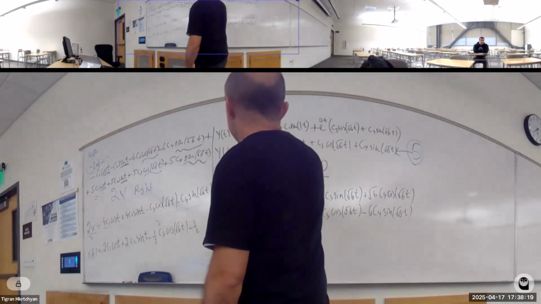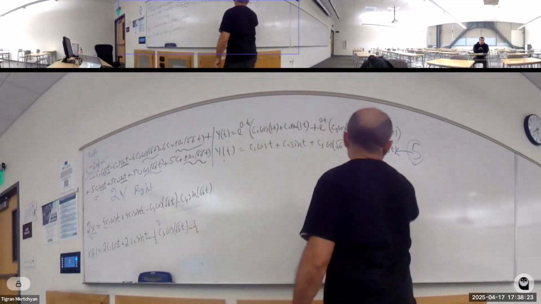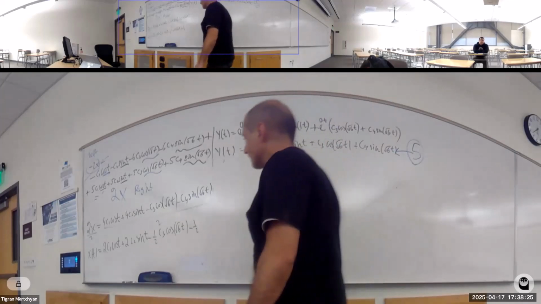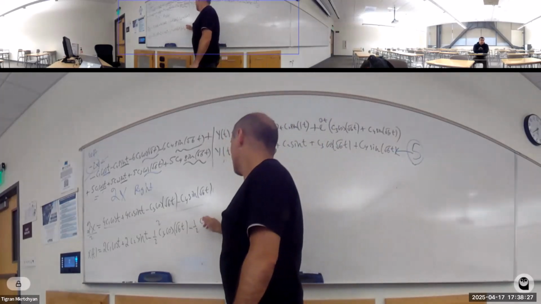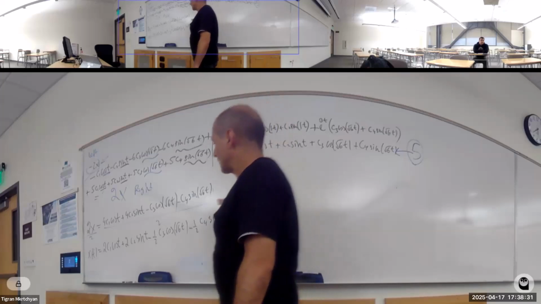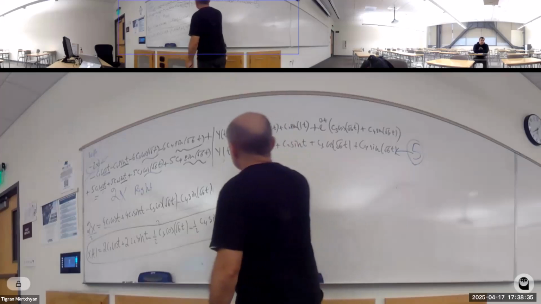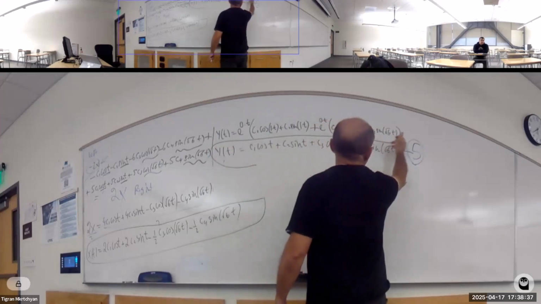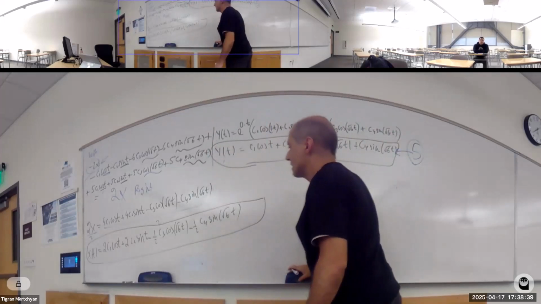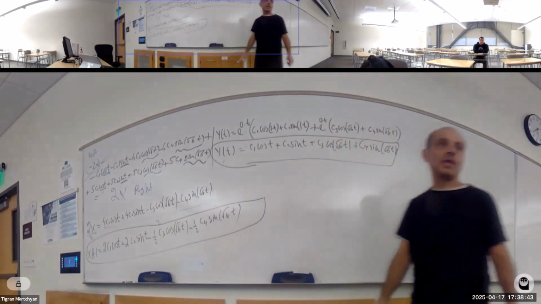I need that y because it's part of my solution, but I don't need the derivative. So we got, this is our x. This is our y. Questions with that problem?